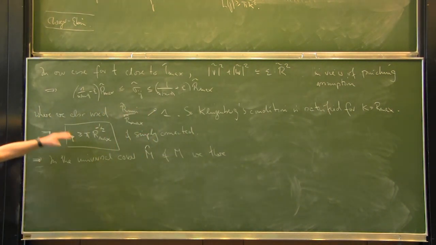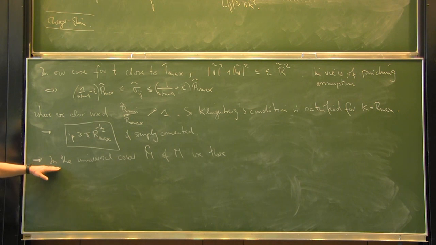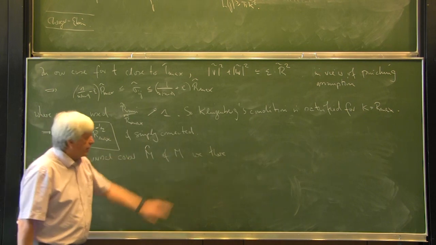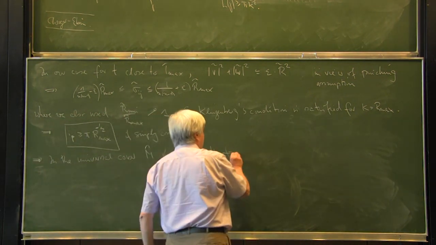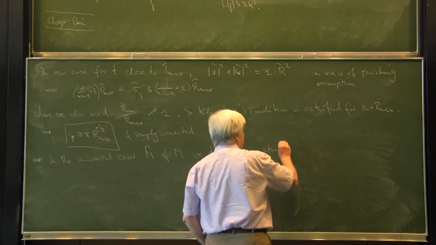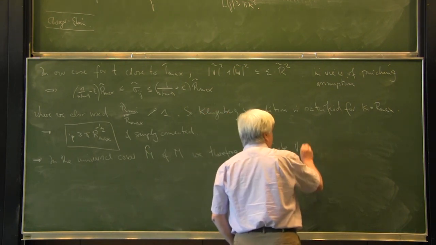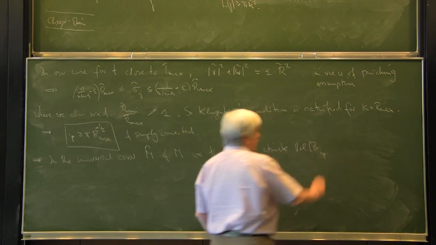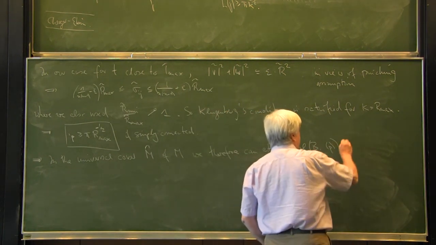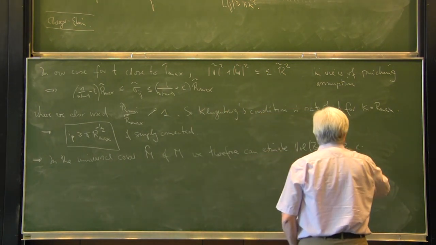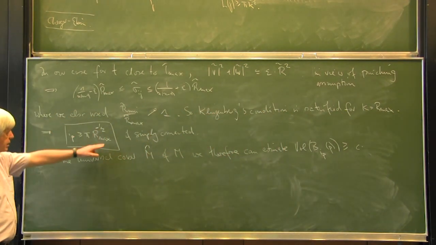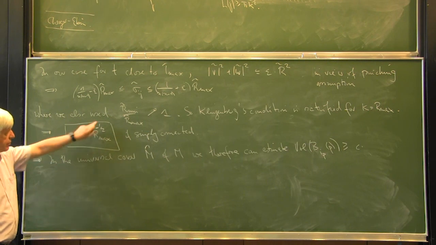Now, we don't want to assume our manifold is simply connected, but the universal cover of M is simply connected. We therefore can estimate that the volume of a ball of size injectivity radius around P is bigger than some constant times what you get from this curvature.